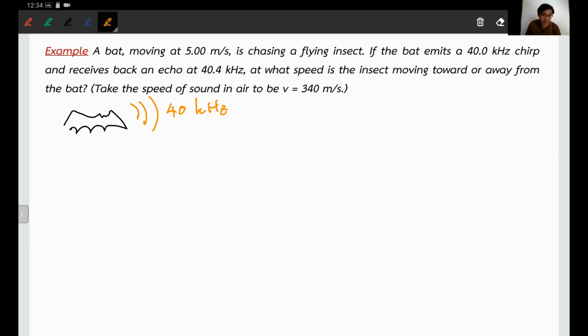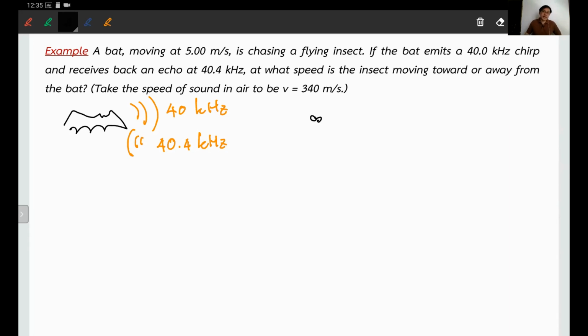Now, the bat itself receives an echo, which has higher frequency. And because the bat is chasing an insect right there, of course, that echo is the reflection from the insect back to the bat.